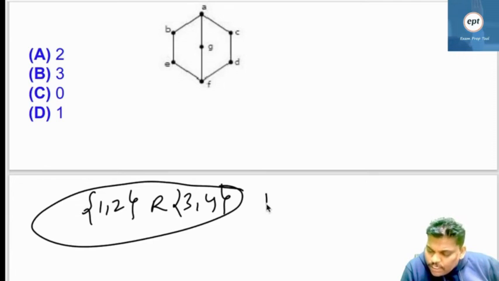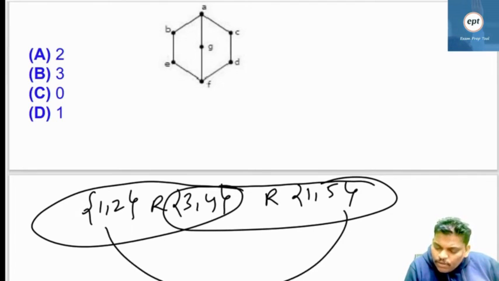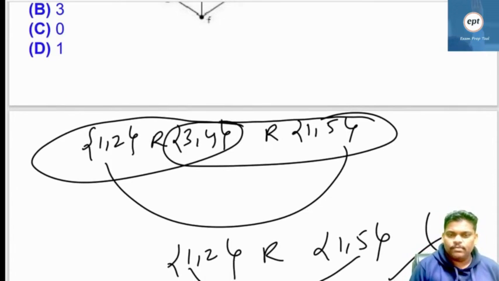Next one, {3,4} is related to {1,5}. But {1,2} and {1,5} are not related, because the common element is 1. It is wrong because 1 is common.